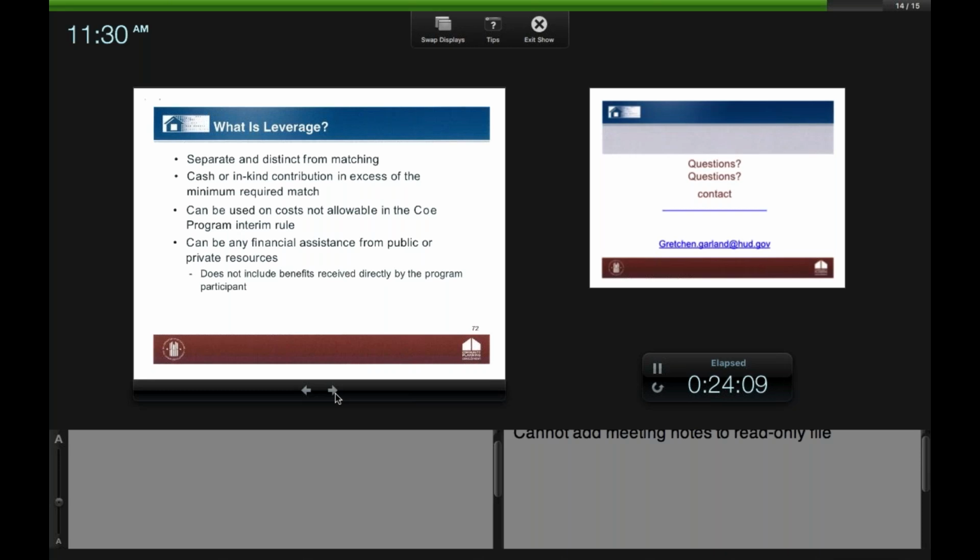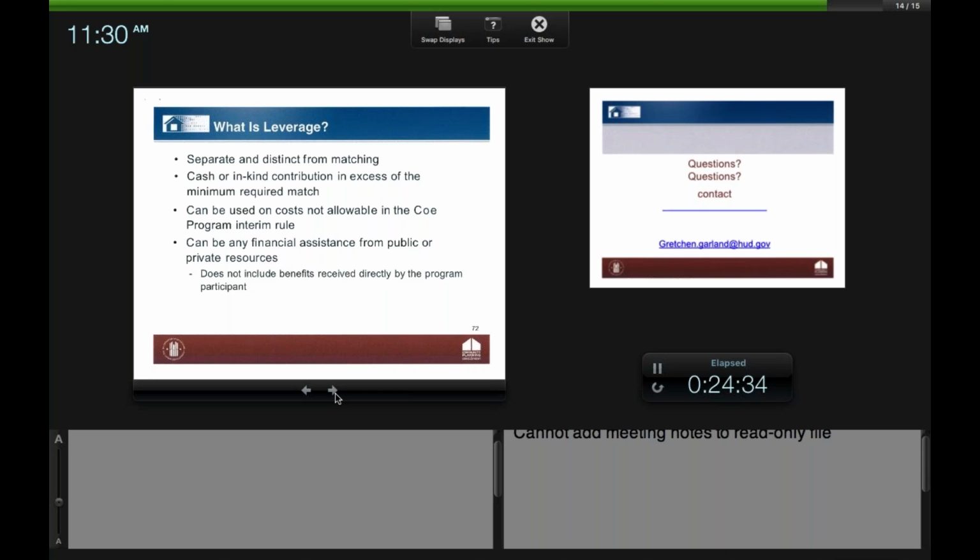The leverage can be used on costs that are not allowable in the CLC program interim rule. The distinction is that to be counted as match, it must be used on other eligible activities that your actual grant can be used for. However, many programs and projects have costs that are beyond the eligible cost of the CLC program.